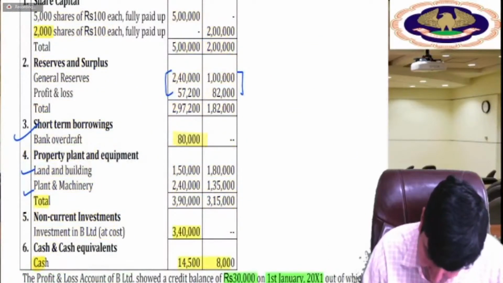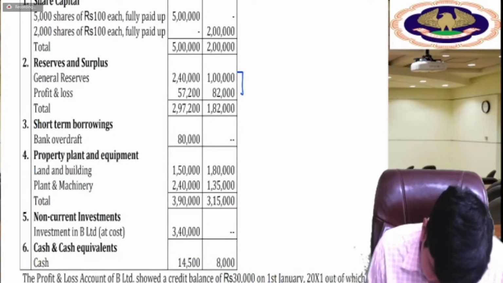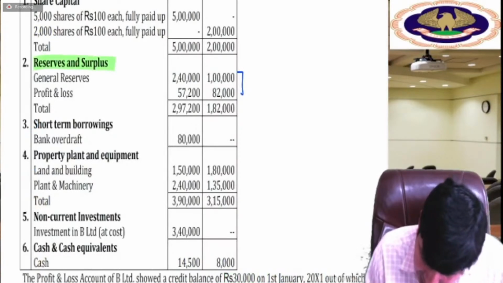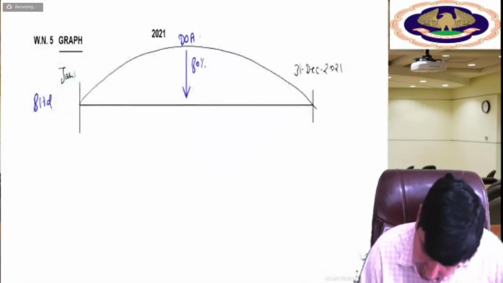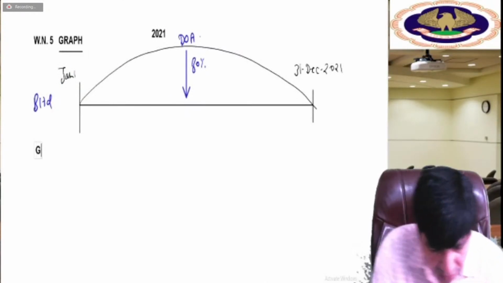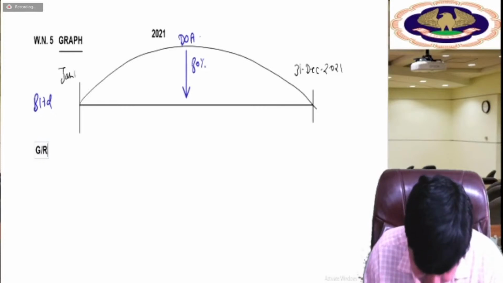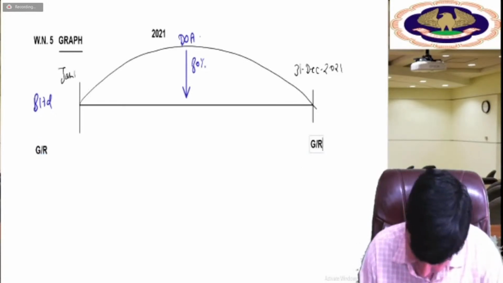I am removing all the highlighting points. Now, focusing on the main part to discuss. Reserve and surplus is there, and we must be focused on the subsidiary part only. We are having two balances there. In the graph, we shall also prepare the same way. There are two things in the reserve and surplus, at beginning and at year end.